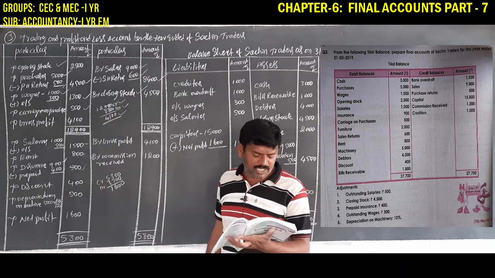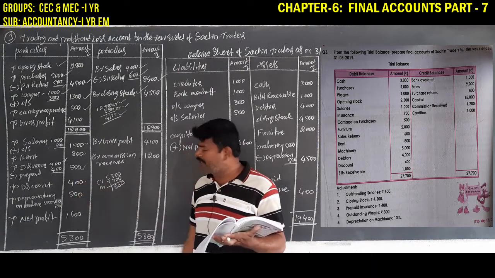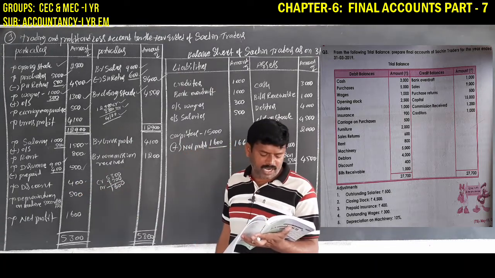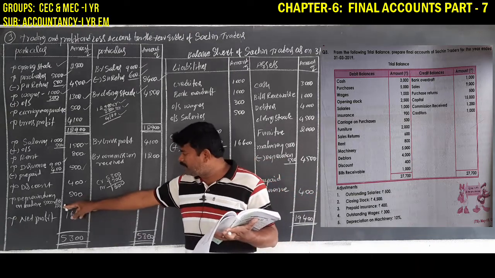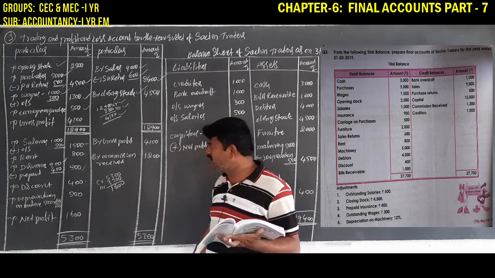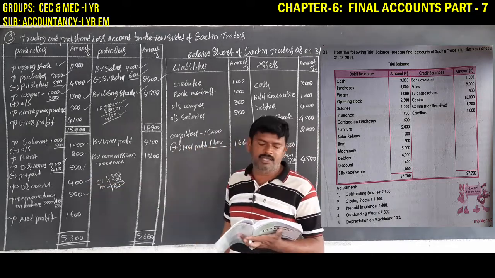Discount is also given in the trial balance debit side, 400 rupees. Depreciation given in the adjustment, 10% on machinery of 5,000 at the rate of 10%, 500 rupees. This is about the debit side of the P&L account, completed.